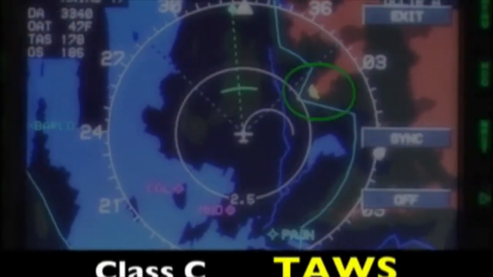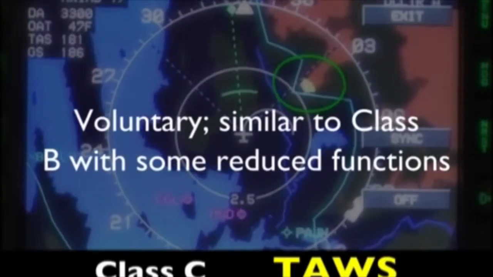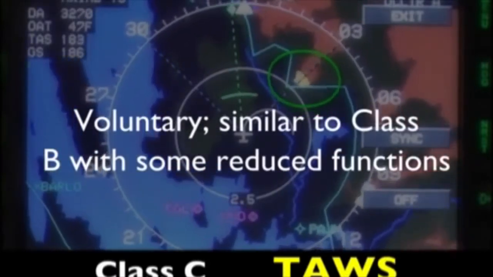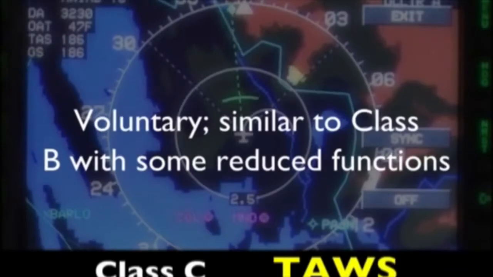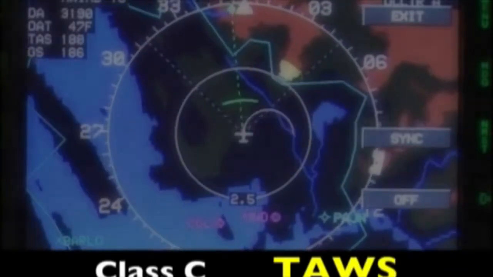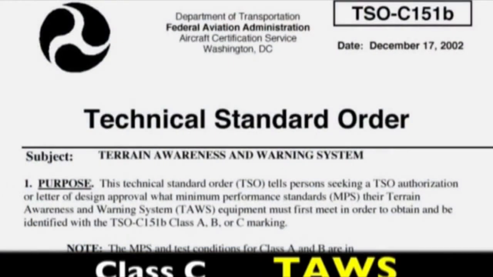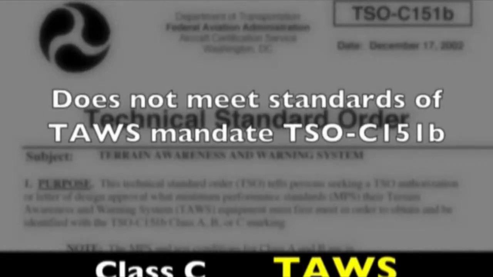Class C TAWS boxes are voluntary for other aircraft and function like Class B technology, but with some additionally reduced functions.